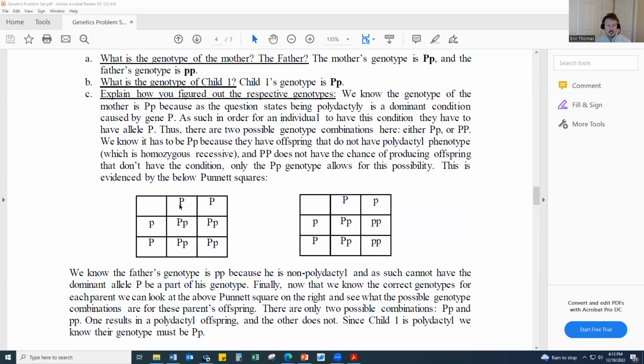So you can see here, I've generated 2 Punnett squares. This one is if we assume the mother's genotype is capital P, capital P, and this one's capital P and lowercase p. And we'll know which one is correct based on what possible offspring genotypes result from the parental genotypes.